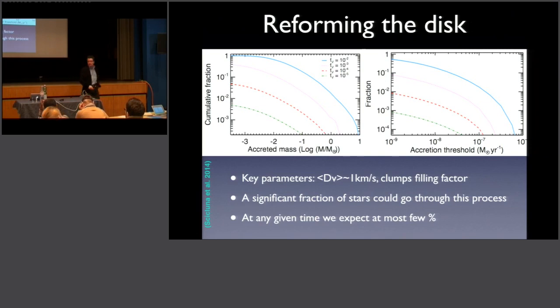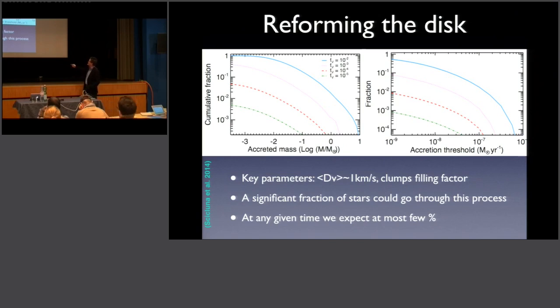If you plug in reasonable numbers, so 1 kilometer per second, and filling factors of the order of 10^-3, 10^-4, you discover that this is the cumulative fraction of stars that have accreted that much mass, and this is the fraction of stars at any given time that show an accretion rate due to the disk that they have reformed through this process above a certain threshold.